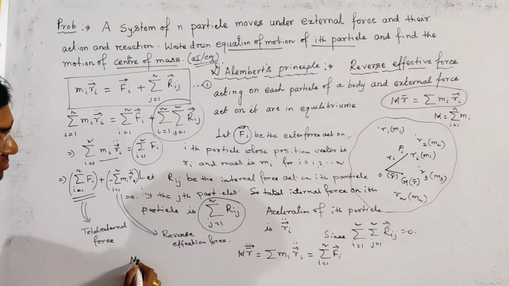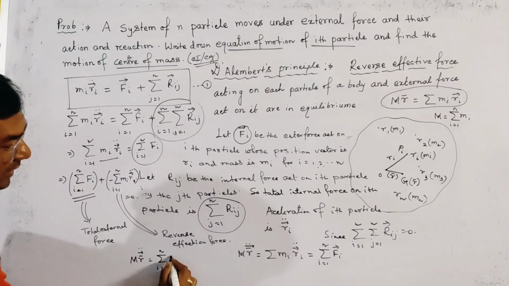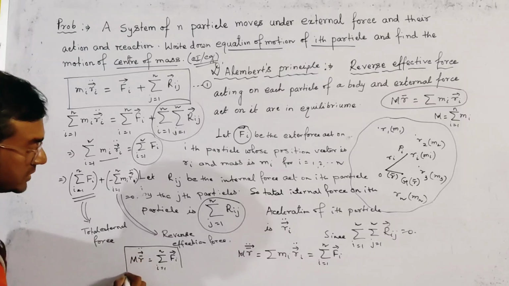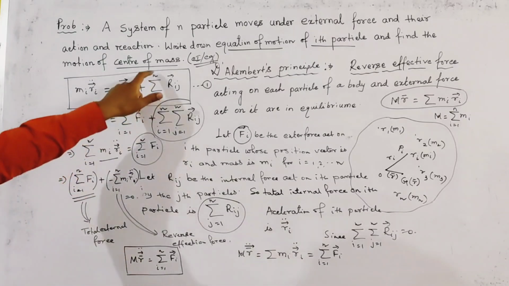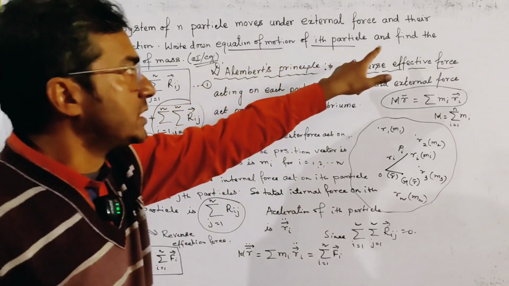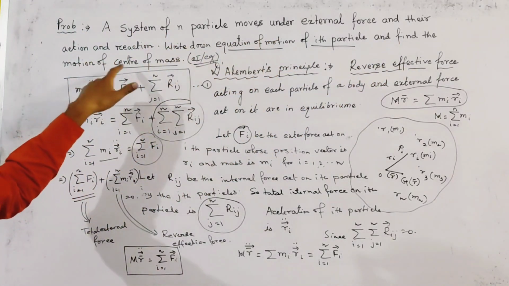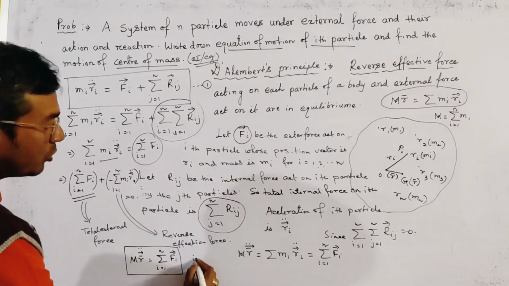This is nothing but the equation of motion of the center of mass, and this is the second answer: find the motion of the center of mass, in vector form.